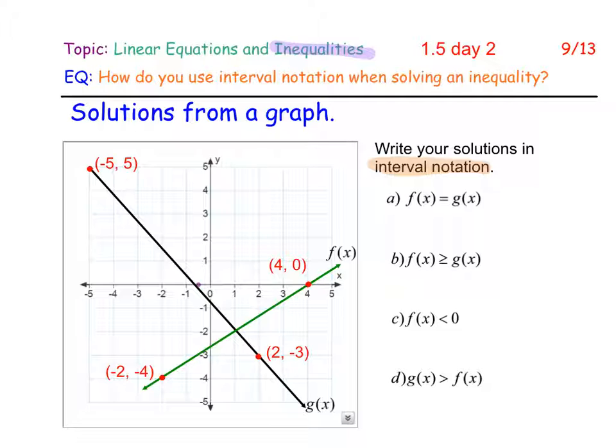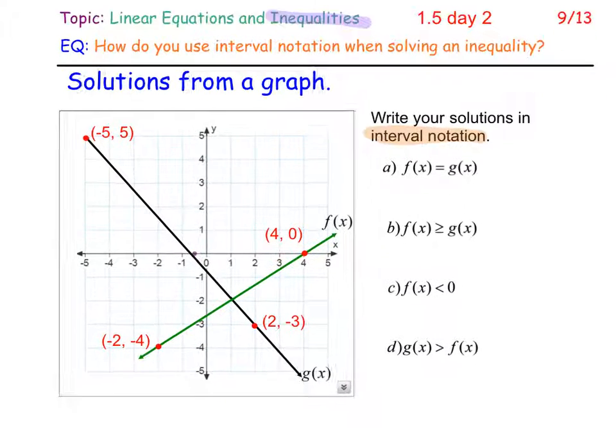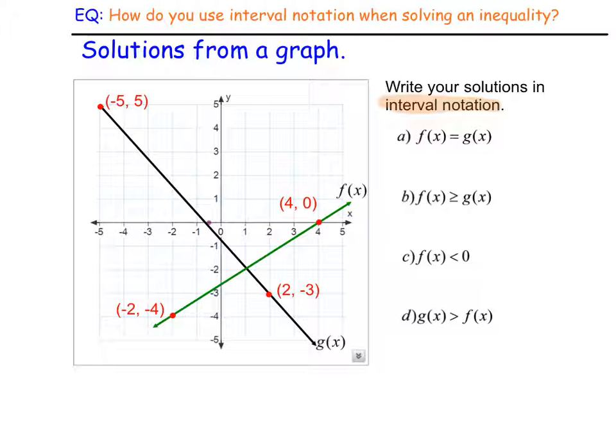All right, so we have these two lines here, and a few questions on the right that we want to answer about what they will look like. So where does f of x equal g of x? What we're looking at is where this line equals this line. Remember, when we say f of x, that's the same thing as saying y.